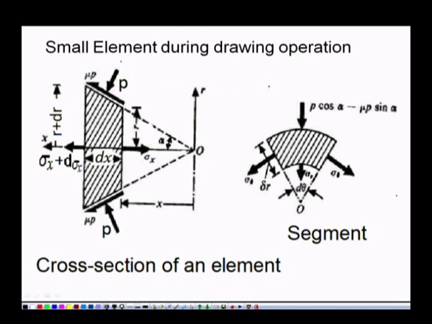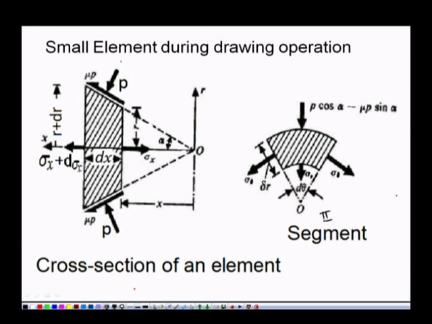In another regard, we have to see another side view, or you can say from the front, along the drawing force direction, and here we have taken the elemental strip in this figure 2. And figure 2 we have to discuss.